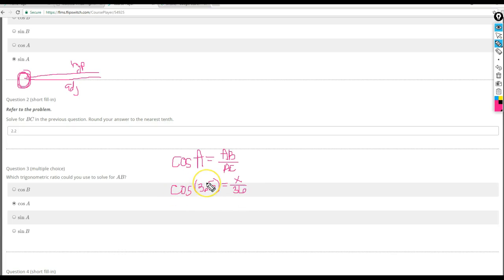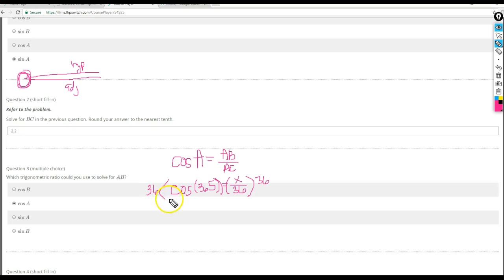So again, cosine of 3.5 degrees is a number. I'm going to leave it as cosine of 3.5 right now, just so that I'm not writing that decimal out. So then I'm looking at x divided by 36. Since I need to solve for x, I'm going to multiply both sides by 36.